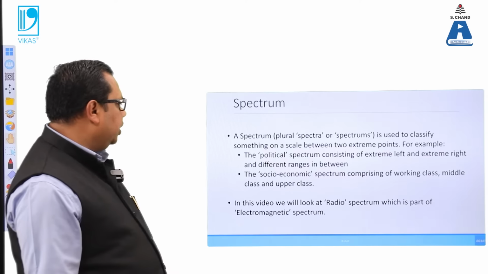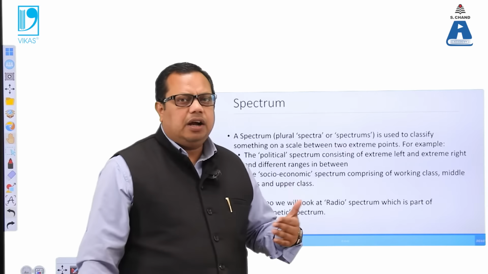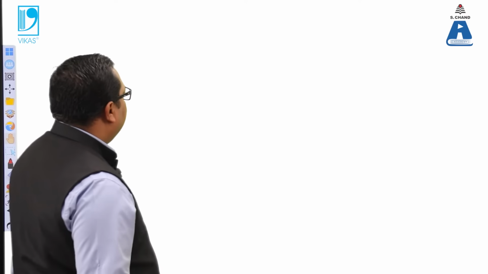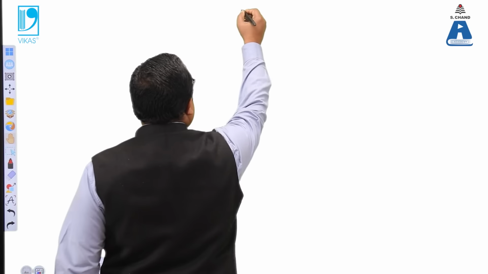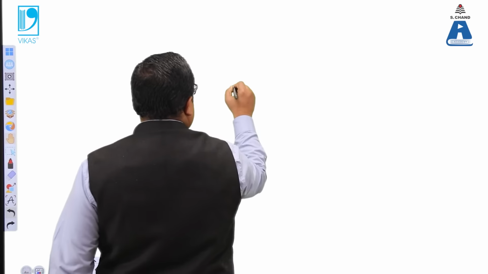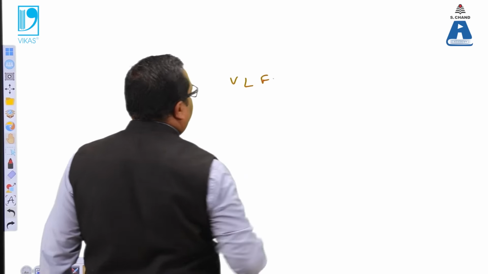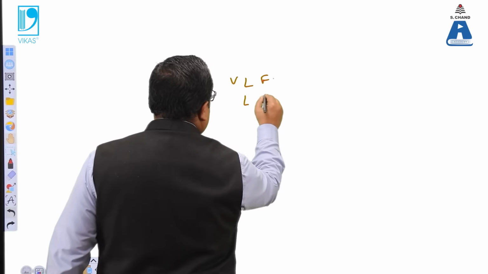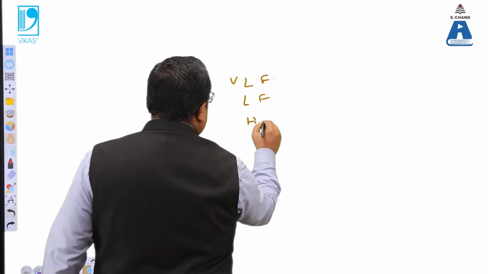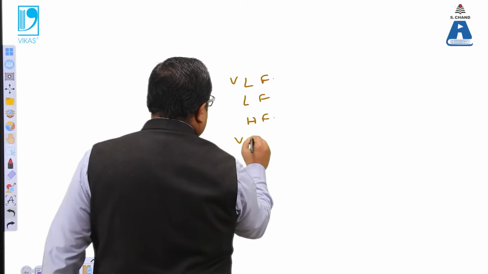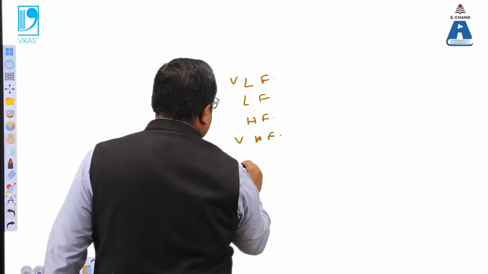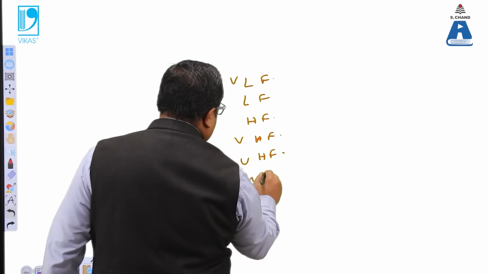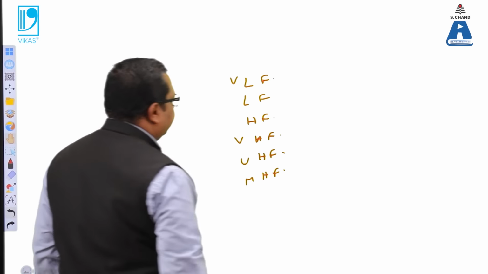The spectrum is basically a range, which can generally be either VLF, which is very low frequency, then we have LF, which is low frequency, then we have HF, high frequency, then VHF, very high frequency, UHF, ultra high frequency, and then MHF, the mega high frequency.